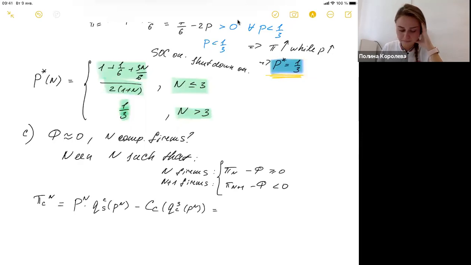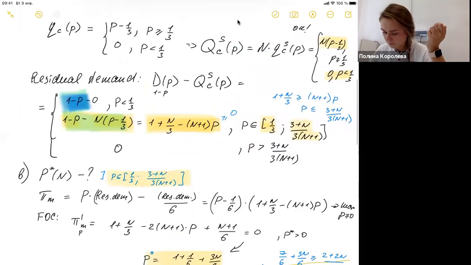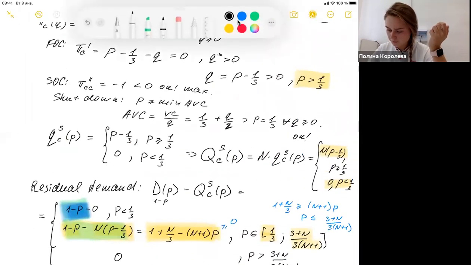Supply, we remember, is this one: the individual supply of each firm.